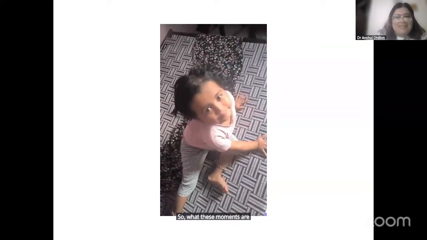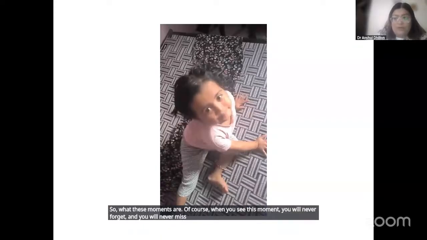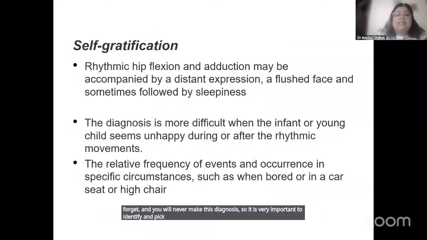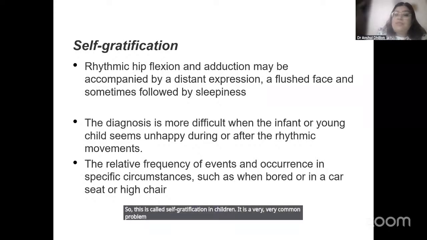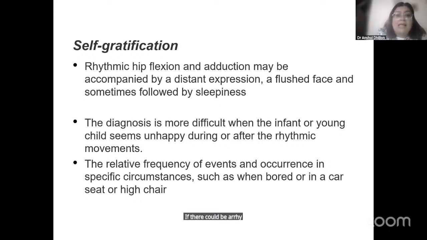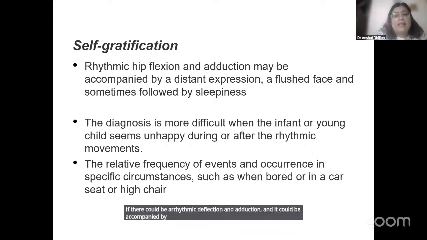Of course, when you see these movements, you will never forget and you will never miss this diagnosis. So it is very important to identify it. This is called self gratification in children. It is a very common problem. There could be rhythmic flexion and adduction, and it could be accompanied by a flushed face, and sometimes the child sleeps following the episode.